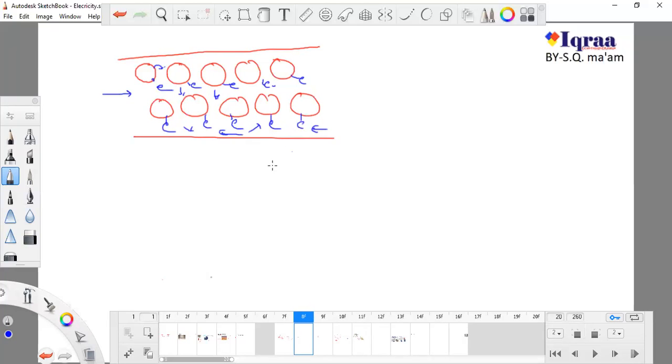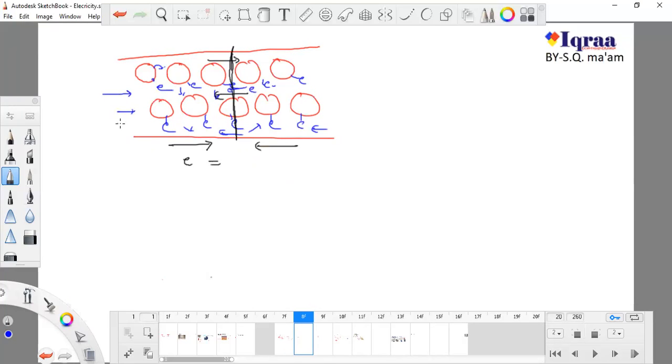So this is a surface. This is an area. Suppose I cut this wire, and this is the area. Some electrons are moving from here to here, and some electrons are moving from here to here, because they are moving randomly.